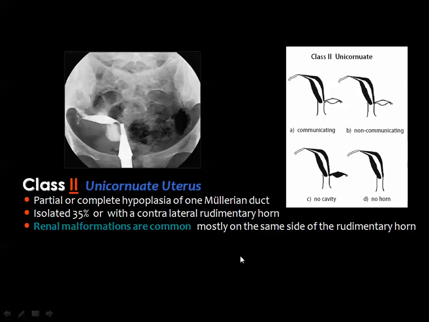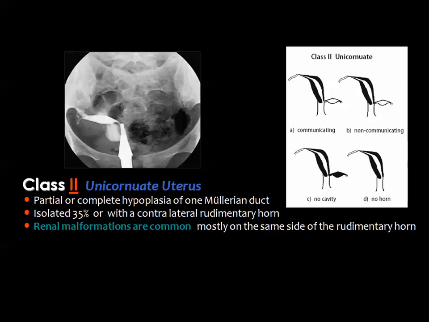The class 2 is unicornuate uterus, and that's to say that we have a single uterine cornu with the second one rudimentary or atrophic, and sometimes no other cornu is present. Many times you get a cornu, but it is not connected to the uterine cavity, or you get a rudimentary cornu which is connected to the uterine cavity.